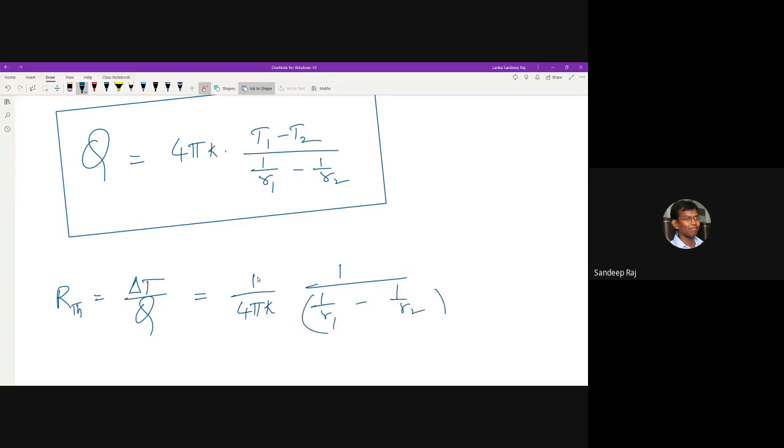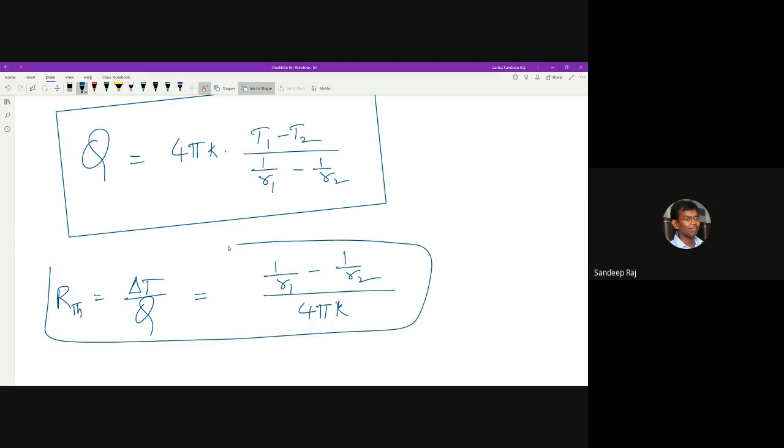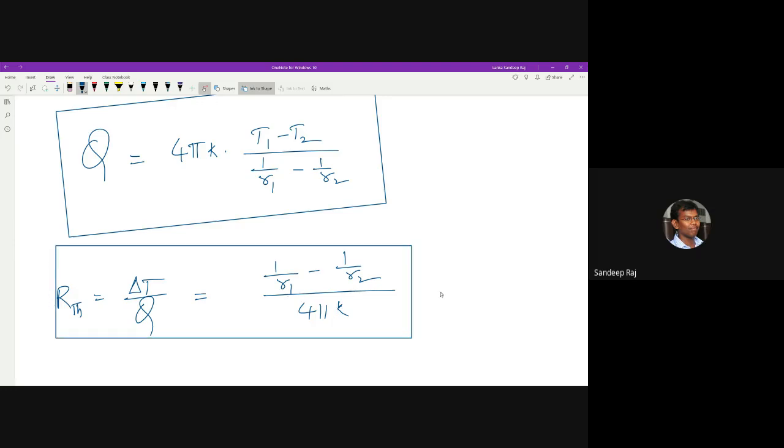This is your expression, so it's better to write it that way. This is how we'll get the expression for the thermal resistance. So that is your thermal resistance expression.